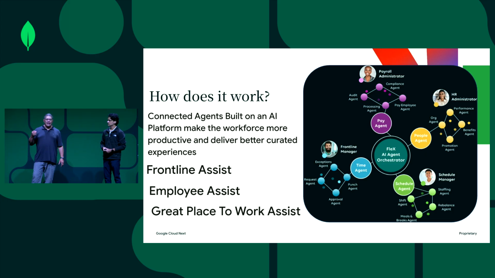So it uses connected agents and generative AI to create a trusted advisor that the employees can use for handling all kinds of routine tasks, like generating job descriptions. It offers conversational reporting, so users can just ask it for what they want.